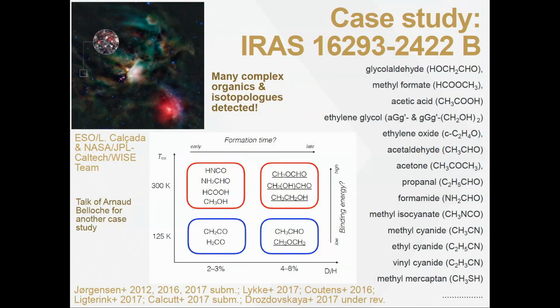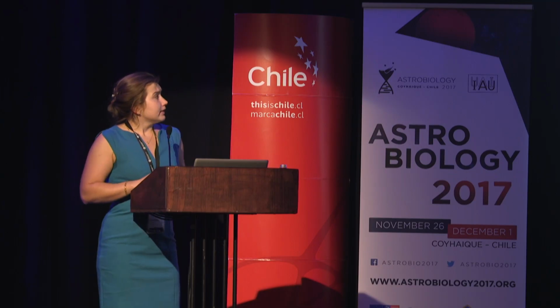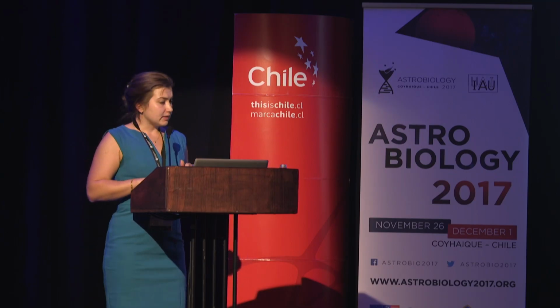Because if we think that some of these species form earlier on, maybe already in this prestellar stage, then we would expect the D/H ratio for those molecules to be higher, whilst for molecules that form somewhat later, when temperatures are warmer, those species will also have a lower D/H ratio. So we're trying to now piece together and group these complex organics in order to pinpoint when and where they're being formed. So I would like to also spend some time on sulfur-bearing species.